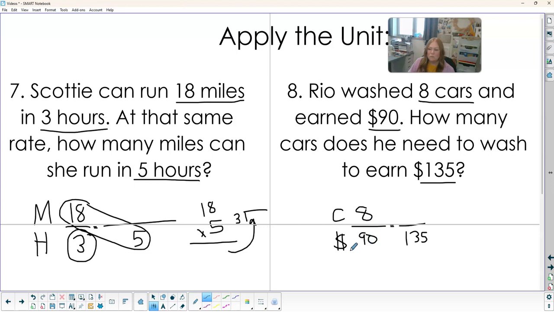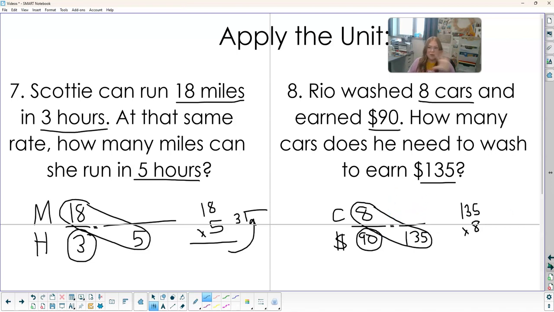I don't know anyways how to perfectly get from 90 to 135. So I'm going to move it to the other side and crisscross multiply 135 times 8. And then I'm going to divide that by 90 to see how many cars he needs to wash.